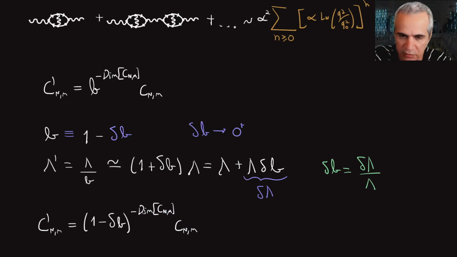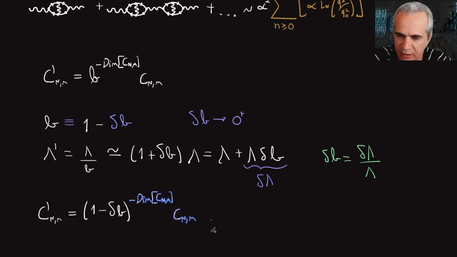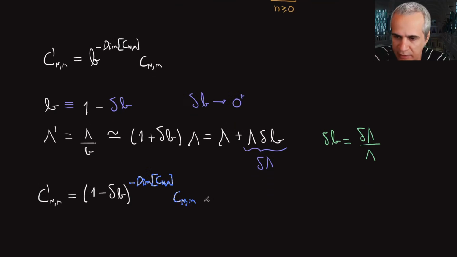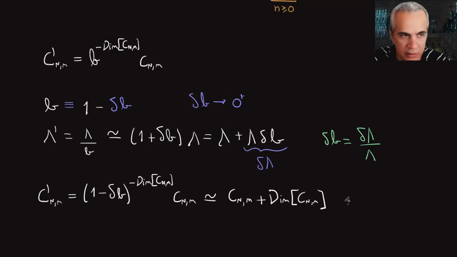So this is to this power, which then I can approximately write as C_nm. There's a minus here, minus there, so this will be just plus the dimension of this Wilson coefficient times delta B times C_nm, right?